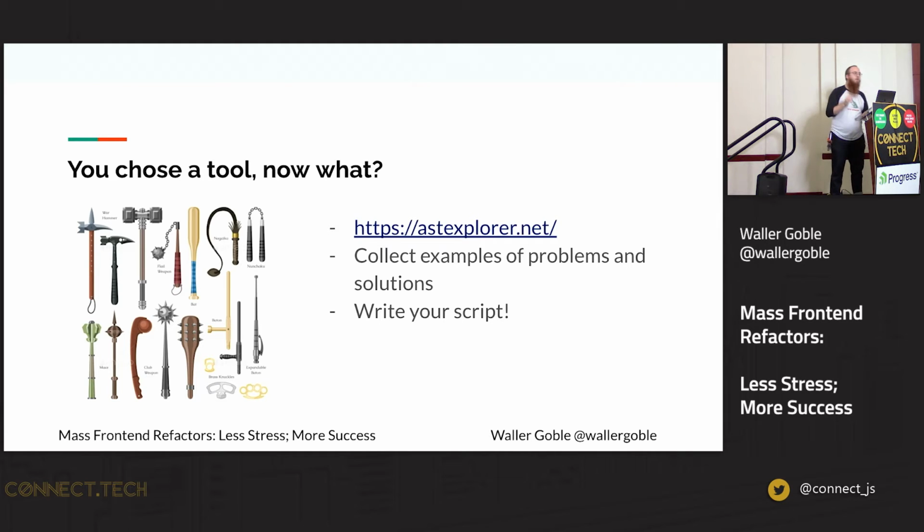However, I will recommend you go to astexplorer.net. If nothing else, go to this website and play around. You'll learn a lot about codemods, like how JavaScript is structured. Well, actually, I guess I haven't even said, does anyone know what an AST is? Understand that concept? An AST is an abstract syntax tree.